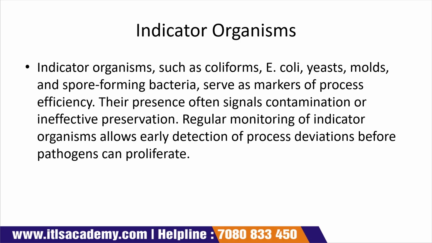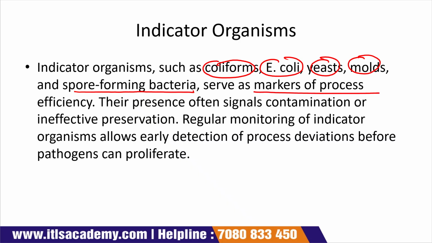Then indicator organisms. There are some indicator organisms like coliform, E. coli, yeast, mold, and spore forming bacteria. They serve as a marker of process efficiency. Coliform, E. coli, yeast, and mold are harmful organisms that can be present in the food product, and also some spore forming bacteria.